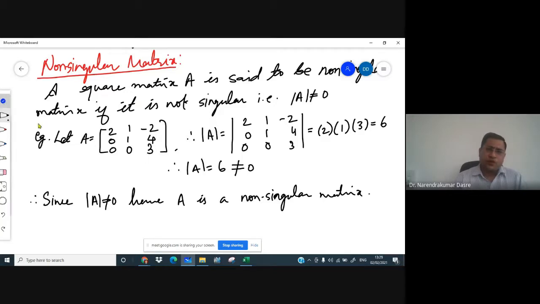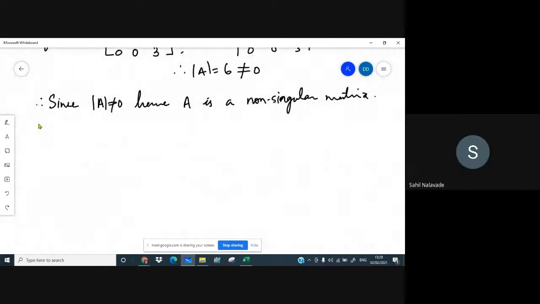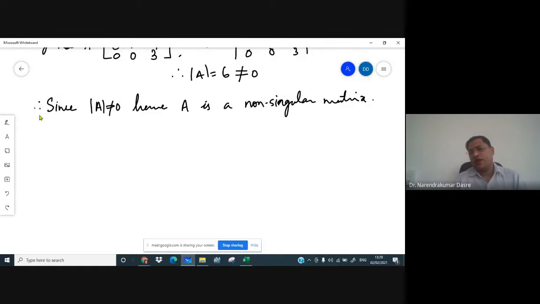If it is a non-singular matrix, what additional can we think? One more thing: inverse. Yes, it is inverse. So we can think of the property inverse after understanding a few more concepts.